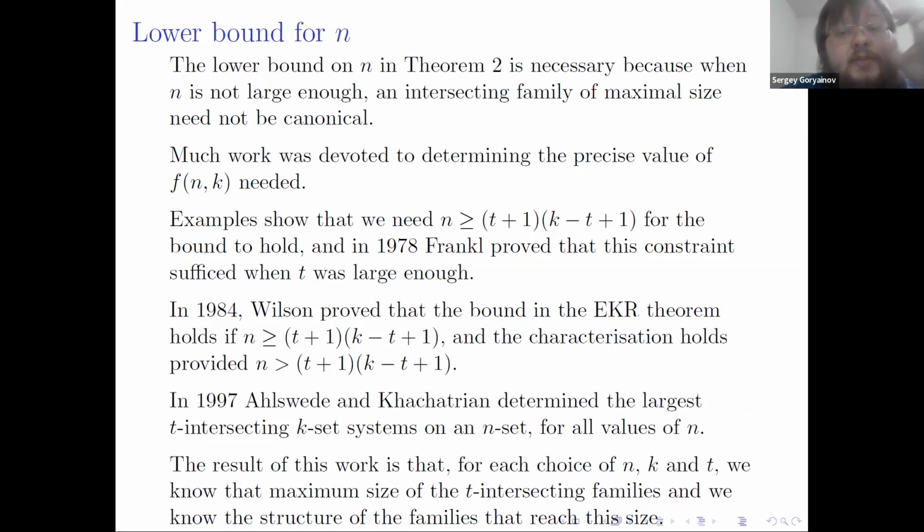In 1978, Frankl proved that these constraints sufficed when t was large enough. In 1984, Wilson proved that the bound in the EKR theorem holds if n is at least (t+1)(k-t+1), and the characterization holds provided that n is strictly greater than this bound.